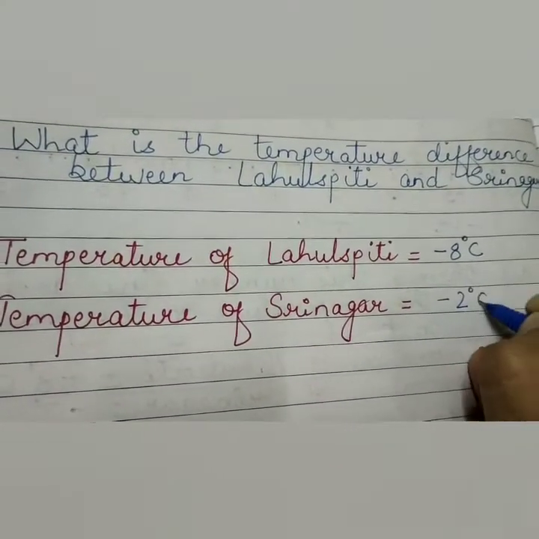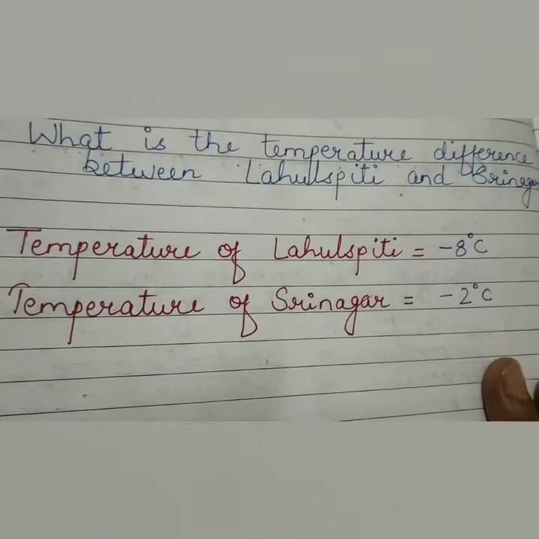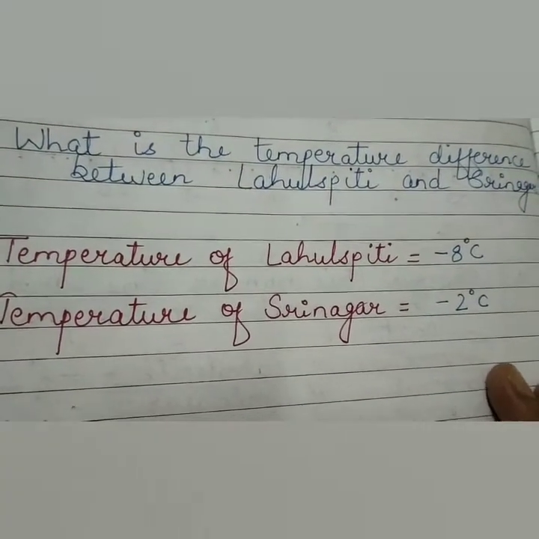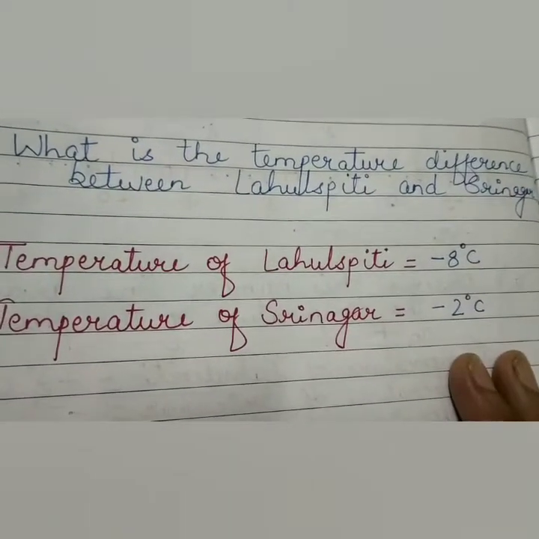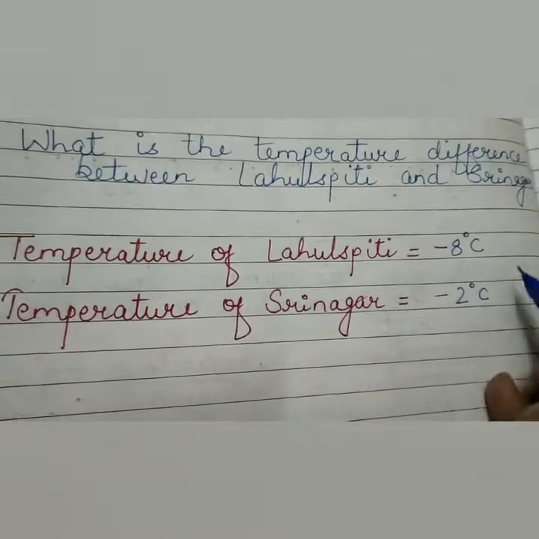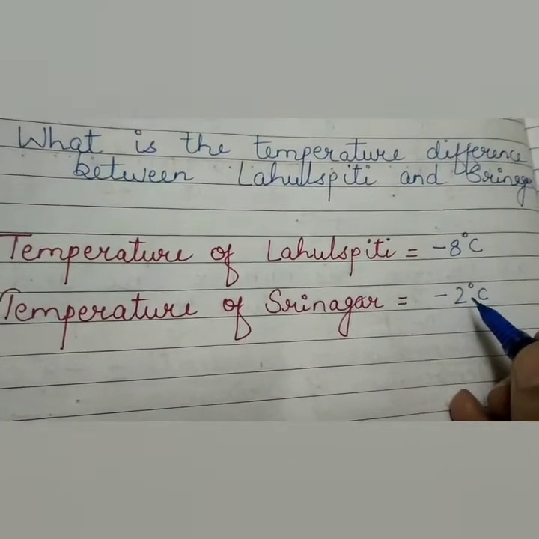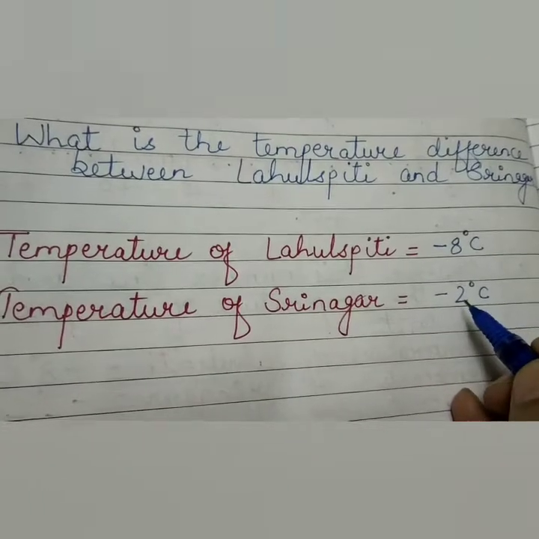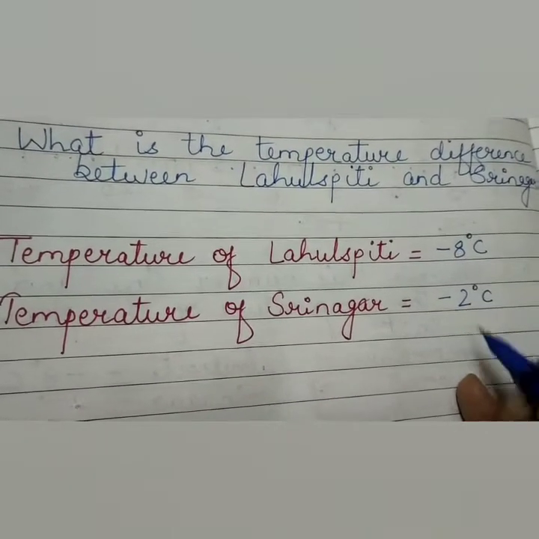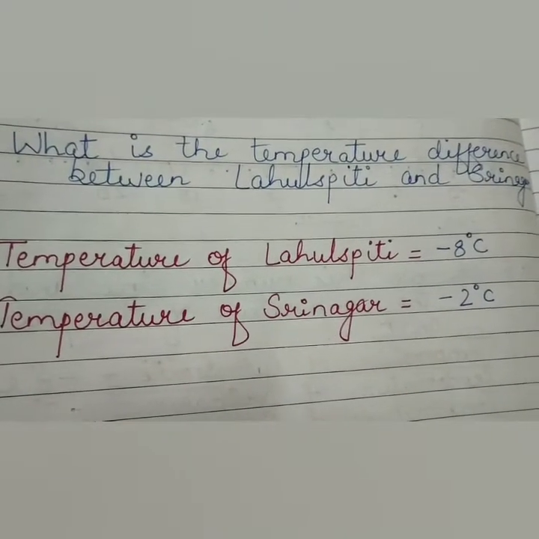We will write the temperature of Lahaul Spiti, that is minus 8 degrees Celsius, and the temperature of Srinagar is minus 2 degrees Celsius. Students, just remember one thing, when we are moving in negative integers, among these two, which is a greater value, minus 2 or minus 8? The smaller value will always be the greater number. So minus 2 is the greater value when we are moving in negative integers.